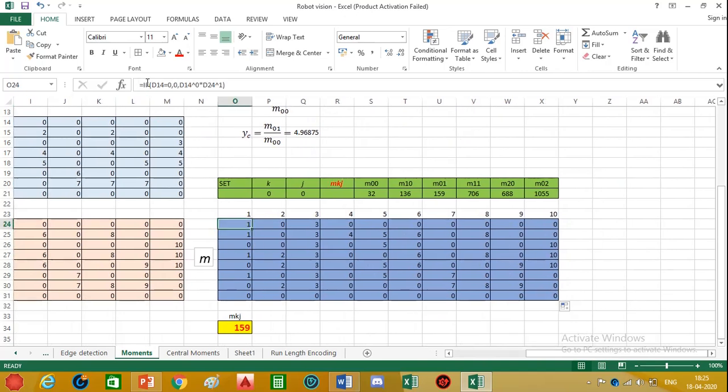This is shown in this particular formula. So here the value of k and the value of j should be 0. So k is 0, and we set j also equal to 0 to get the 0th order moment.